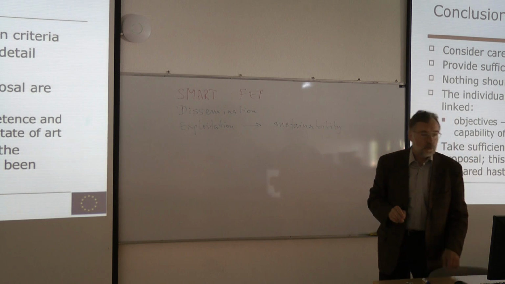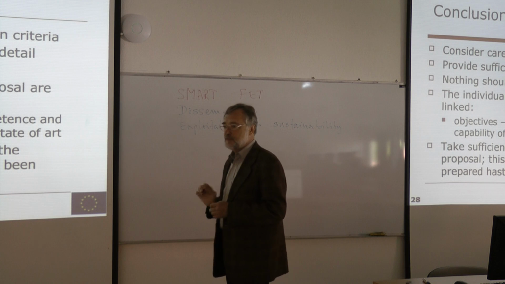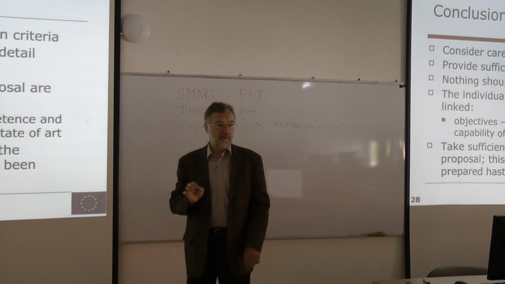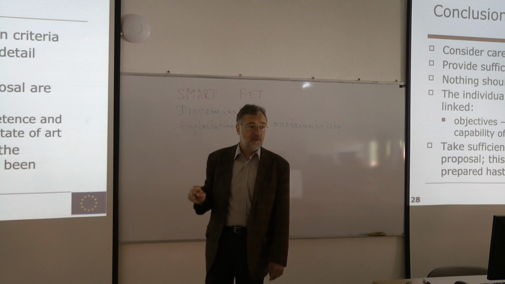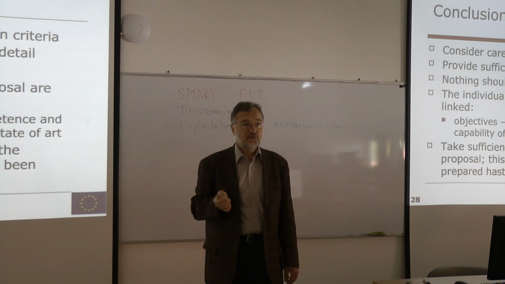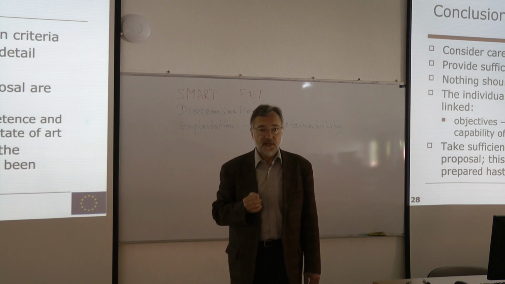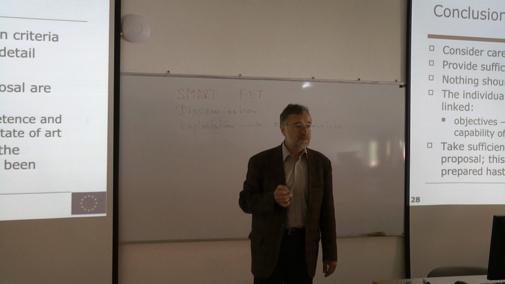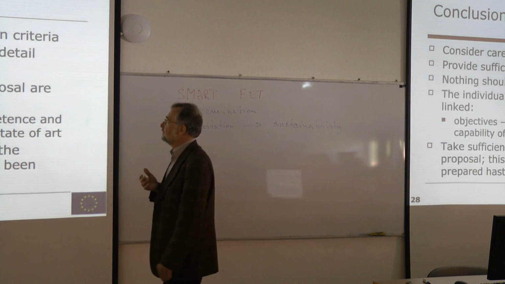So as a conclusion, what is important when you want to participate in proposals, and I add here that this is an example from FP7 or rather FP6, this means from the research program. But in general, this is the same also for programs like IPA and structural funds, although some points are different.